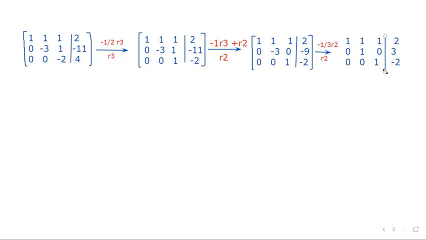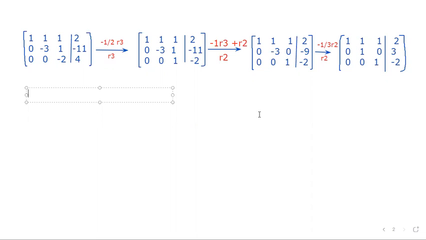All right. Now, the next thing that we want to do, we want to make this number into a 0 and this number into a 0. So what will we do in this case? Now, remember, this is not unique, so you may choose a different route to get to these same results, and that's fine.